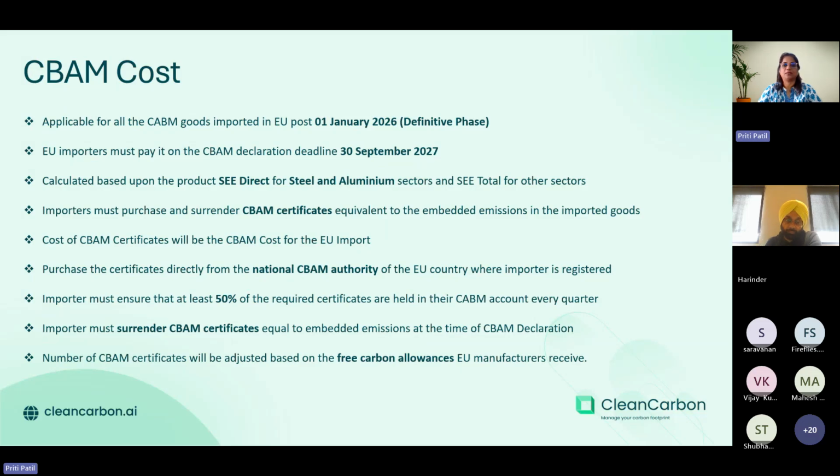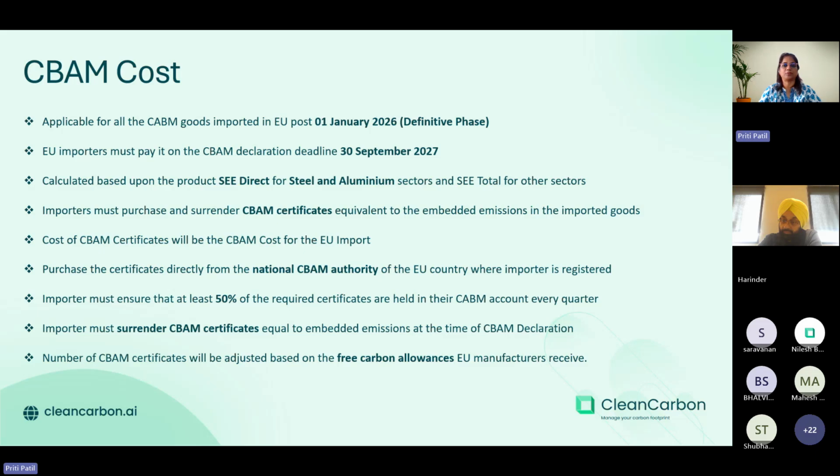We had a transitional phase of CBAM from 2023 to 2025 end, and during that we were supposed to only submit the CBAM reports to EU. Importers were expected to upload those CBAM reports. But now from 1st January onwards, the CBAM tax is getting applicable along with the CBAM report.